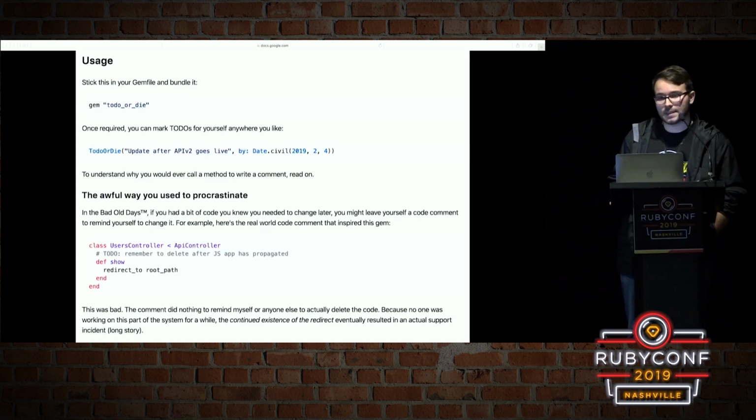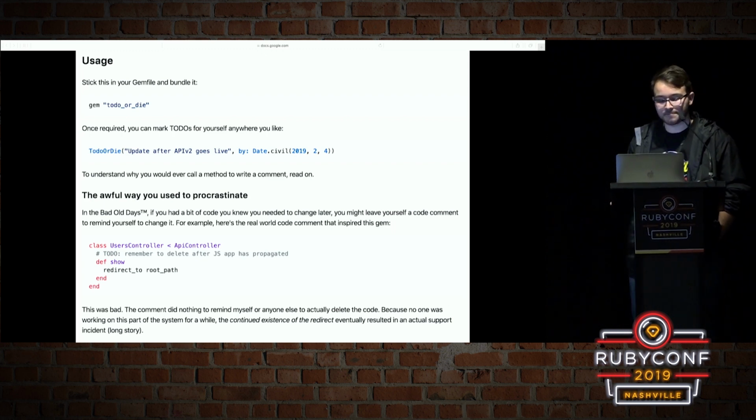There's also this really neat tool by Searls called To Do or Die. It might be a bit too much, but it's a way to augment your code with To Do or Die calls.